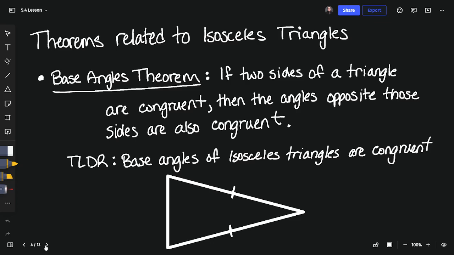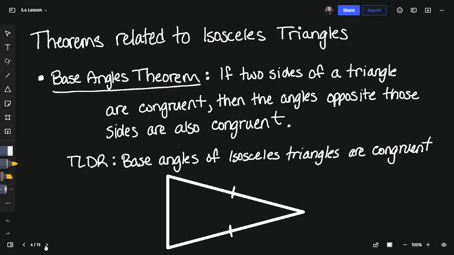So we have a couple of theorems relating to isosceles triangles. The first theorem related to isosceles triangles is called the base angles theorem. If two sides of a triangle are congruent, then the angles opposite those sides are also congruent. So at the end of the day, what that means is that the base angles of isosceles triangles are always congruent.